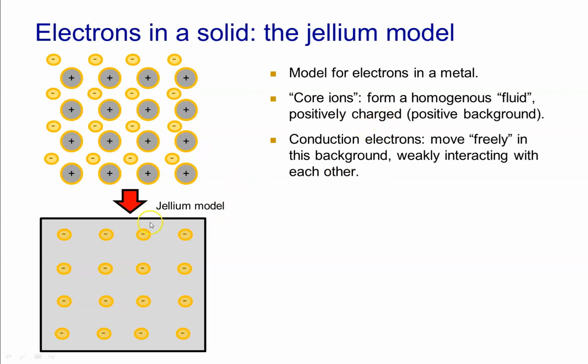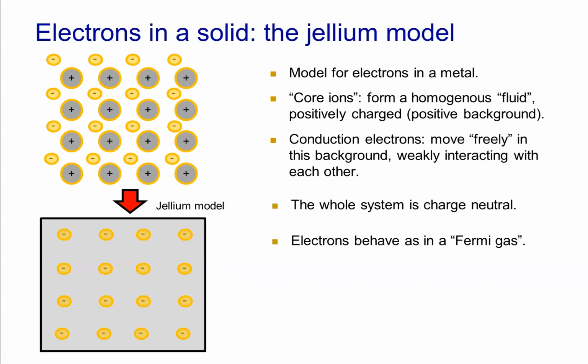But for now, let's do this Jellium model where you have just these free electrons moving in this positive background. And of course, the whole system is charge neutral, so it's really important to have the background so that you don't have just a bunch of negative particles, and you have actually a neutral system.